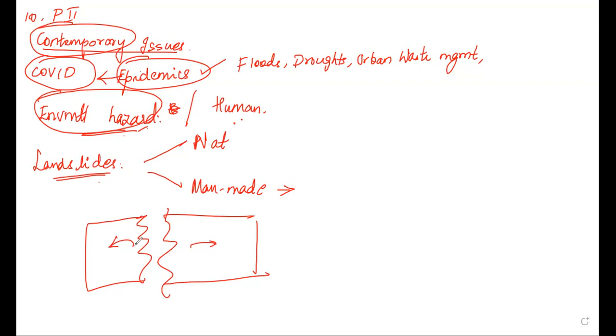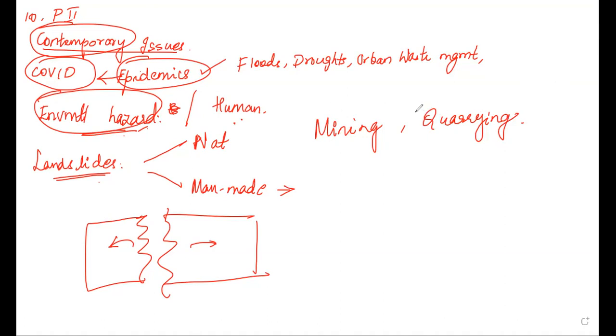And after that, I have to go into the human-based factors. The first one would be mining, quarrying, and road cutting. So what happens here during mining and quarrying? It's because of excessive mining activities, like you're mining for coal, you're mining for minerals.